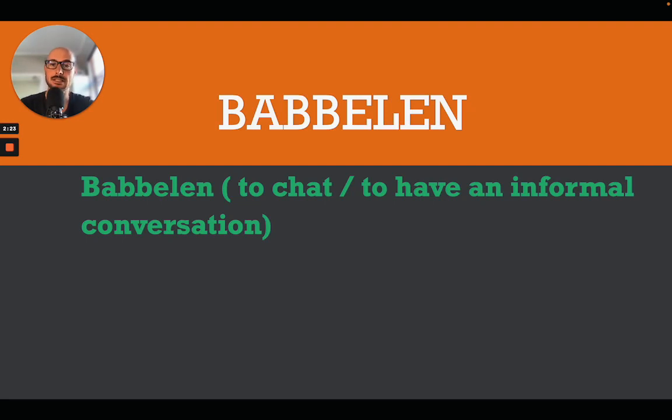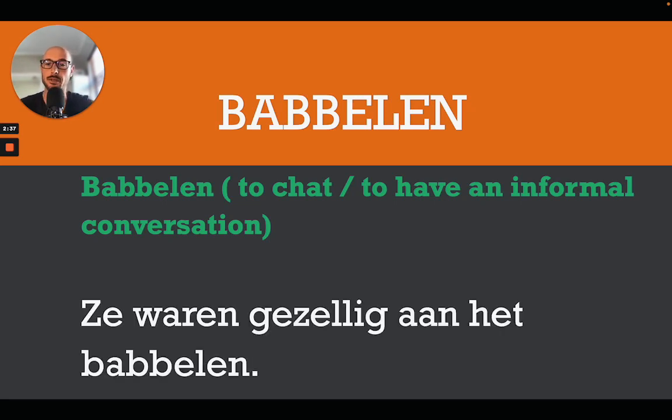Babbelen can be a synonym for praten, but it cannot be a synonym for the next verb we are going to see, and that will be spreken. Babbelen and praten, they can be the same. Know that babbelen is even more informal. So the example is, ze waren gezellig aan het praten. They were chatting along cozily.